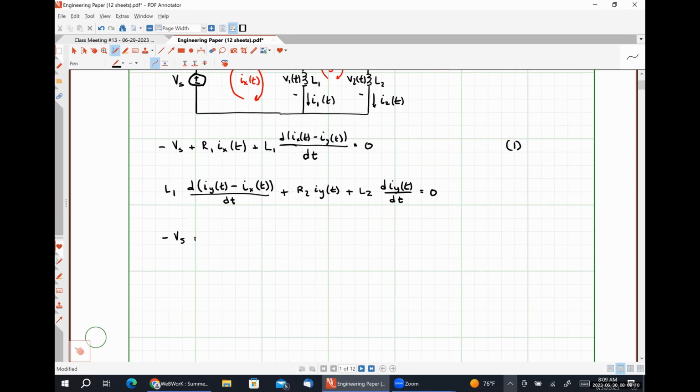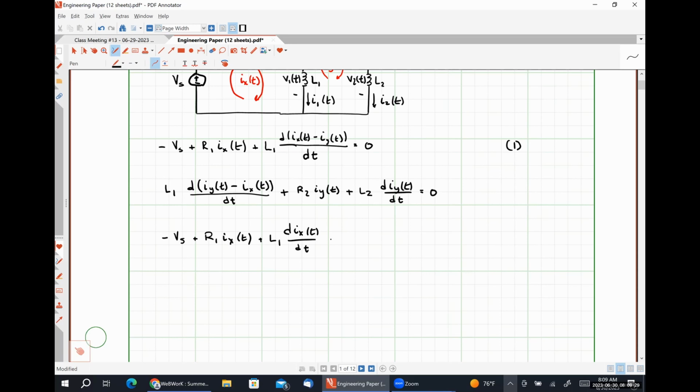So rearranging that, I could have this expressed as negative Vs plus R1 times Ix plus L1 times the derivative of Ix with respect to time.